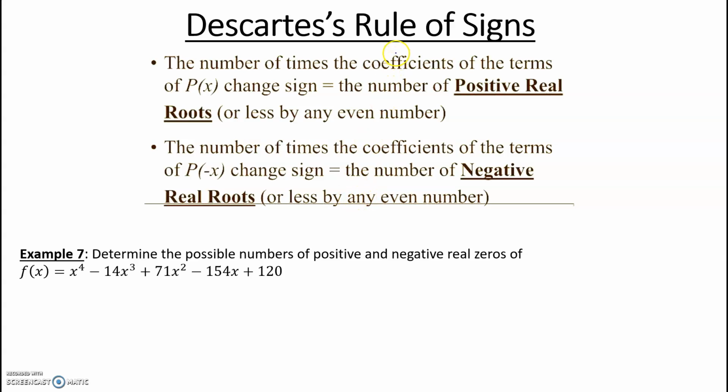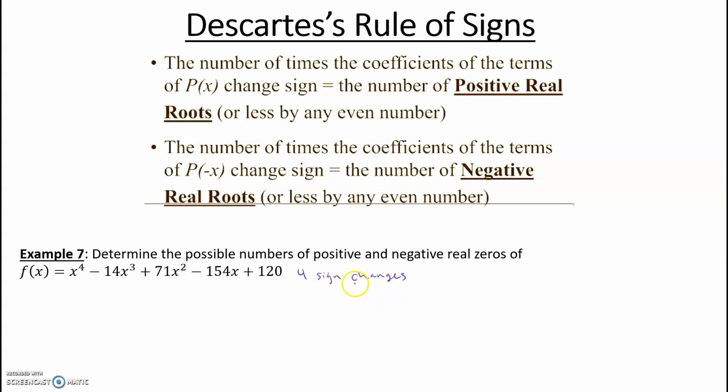It's called the rule of signs because you're looking at the signs, and what you're counting is how many sign changes. So we go from positive to negative. There's 1 sign change. There's 2 sign changes. 3, 4. So we actually have 4 sign changes.